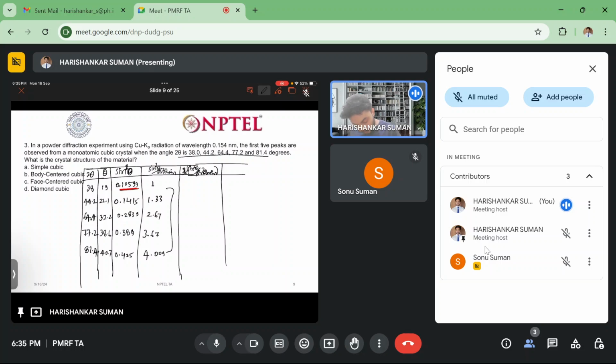When we multiply by 2, this is not an integer, then 1.33 multiplied by 3 is approximately 4, then 3.67.